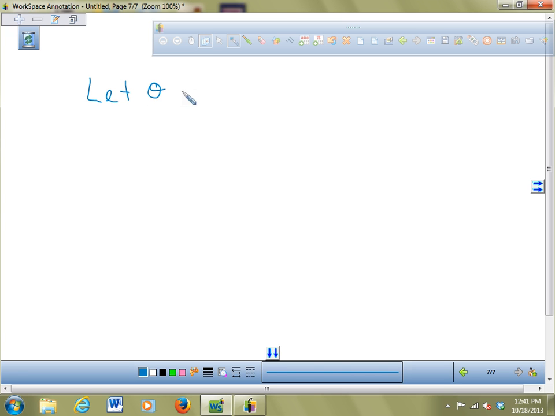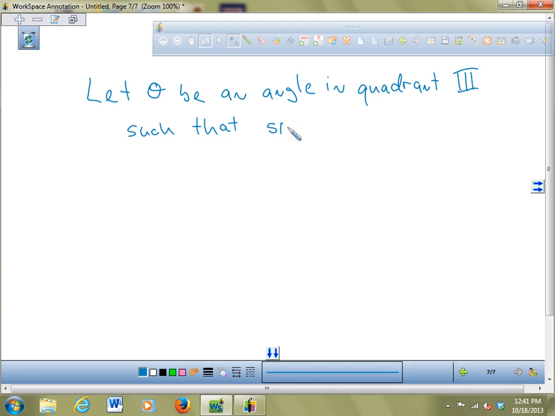Let theta be an angle in quadrant 3, they do that with Roman numerals, such that sine of theta equals negative 3/4.